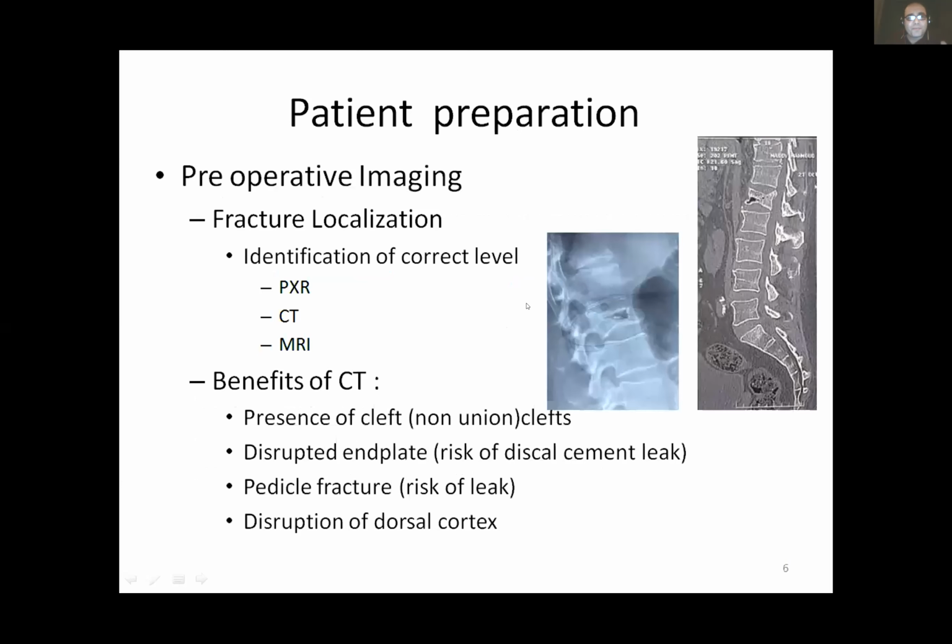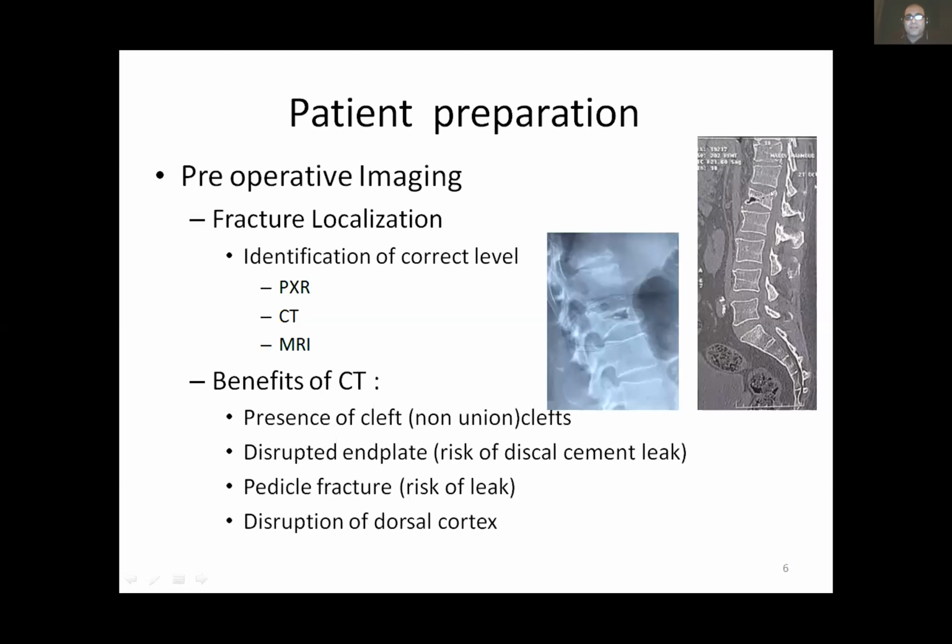Regarding patient preparation preoperatively, you need to localize where the fracture is. And as we heard from the previous speakers, we need to do plain X-ray, CT, and MRI. Of course, in the plain X-ray, you can see mild compression in the upper end plate or the lower end plate according to the fractured vertebra. But if it is a delayed presentation, you can see such non-union, and there is a cleft here in the plain X-ray, which can be confirmed in the CT.